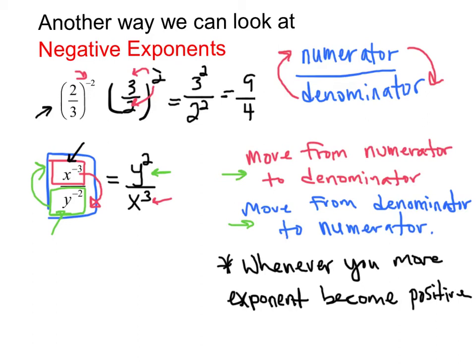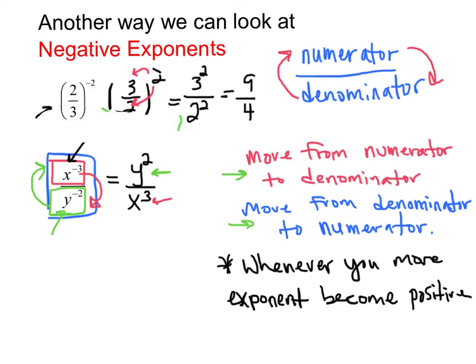Look at our first example. If I look at 2 to the negative 2 power, what happened? It moved to the bottom and it became positive. Same thing here. I have to distribute that to each piece, so it's 3 to the negative 2 power. What's going to happen there?